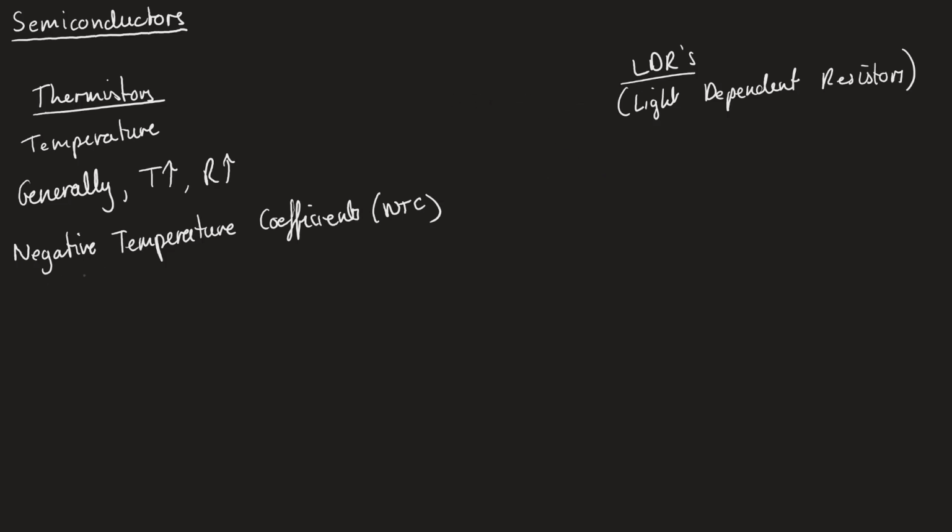Which means that as the temperature increases, the resistance does the opposite, and it actually decreases. This is the key thing with thermistors: they're negative temperature coefficient, so if we increase the temperature, their resistance will actually drop.